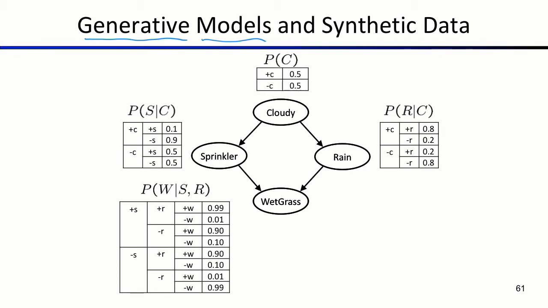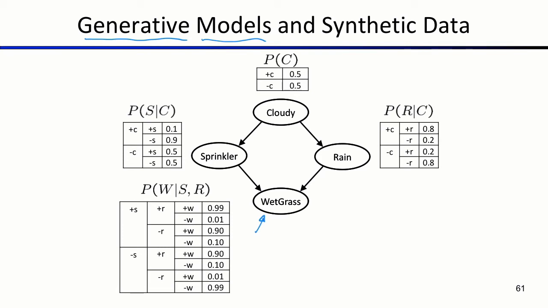The idea is that we need to walk through the nodes in the graph in an order so that when we reach a node that has parents, we have already sampled values for the parent nodes. So what we can do is compute the topological ordering for this graph.